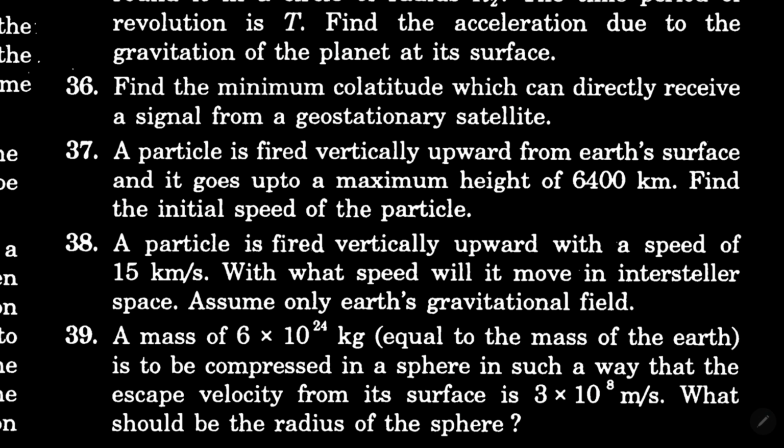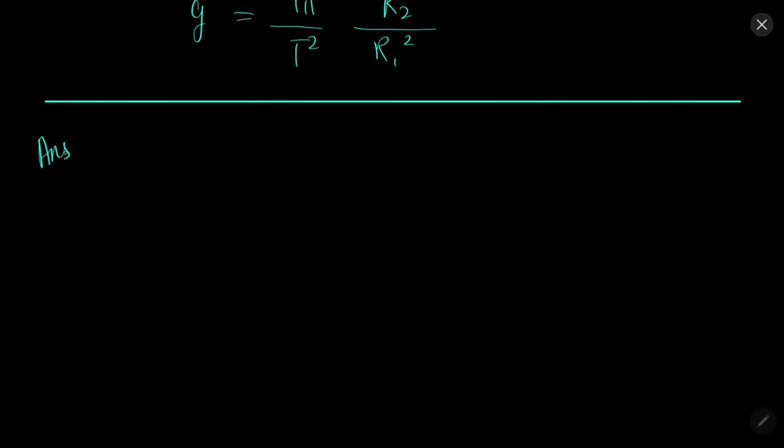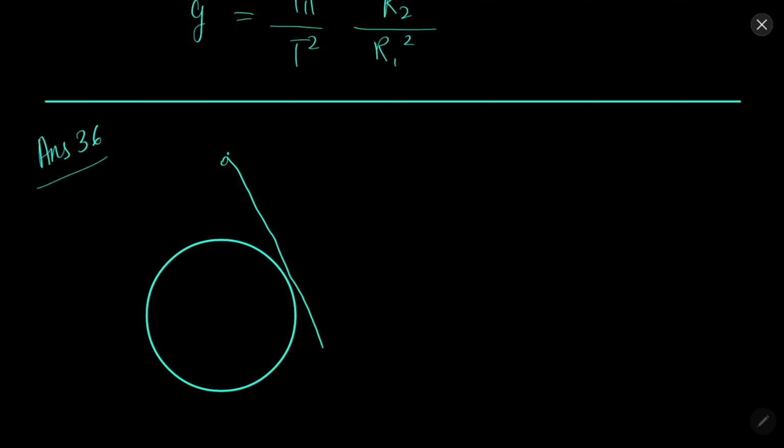In question 36, we need to find the minimum co-latitude which can directly receive a signal from a geostationary satellite. Solution 36. So for this, let's draw a diagram. Let this be phi.